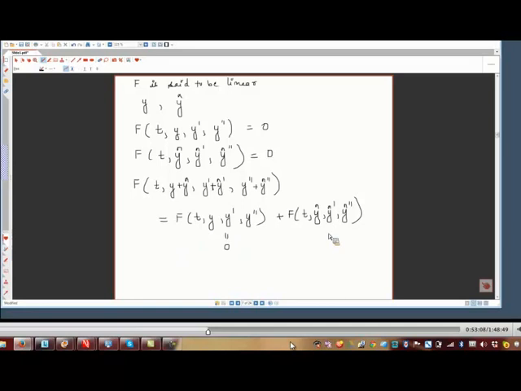This is satisfying the differential equation, this is 0. So this has to also be equal to 0. That's how we say that f is said to be linear. It satisfies the first property. The second property is that when f is applied on a scalar a times a solution, it is also a solution. So y double prime equals a times f of t, y prime, y double prime. That is what it means for f to be linear.